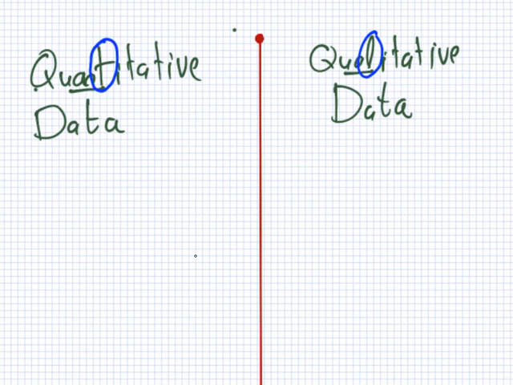Right, so what is the difference with this type of data? Let me give you some examples. Quantitative data, that's maybe how much money you make.